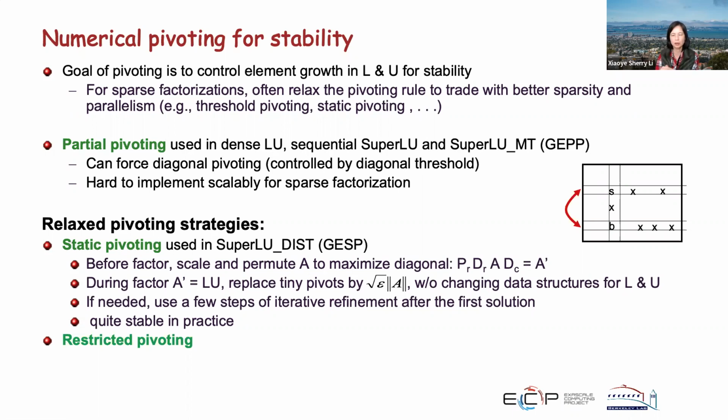While doing the LU, we don't change that row permutation. The row order is fixed, so numerical pivoting is done before numerical factorization. We call this static pivoting. As you can see, it's not dynamically adjusting based on these elements, so potentially you could have a less stable algorithm.